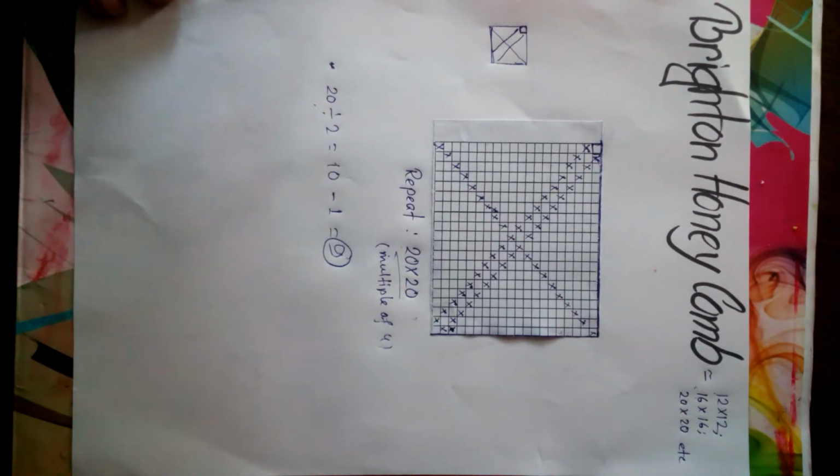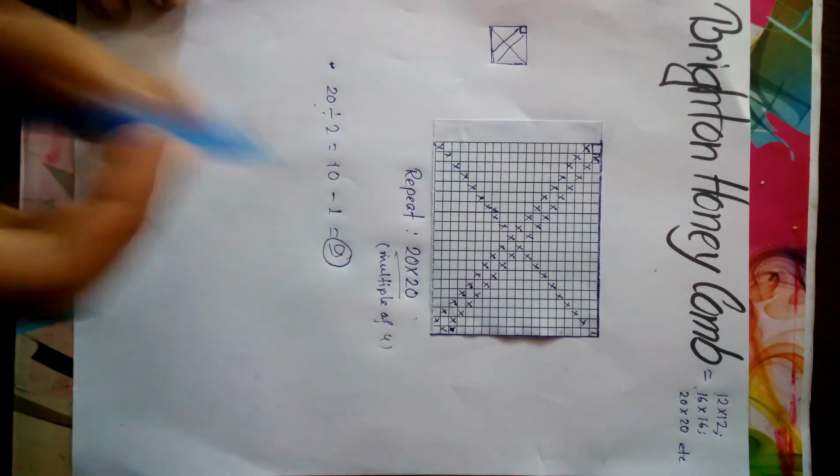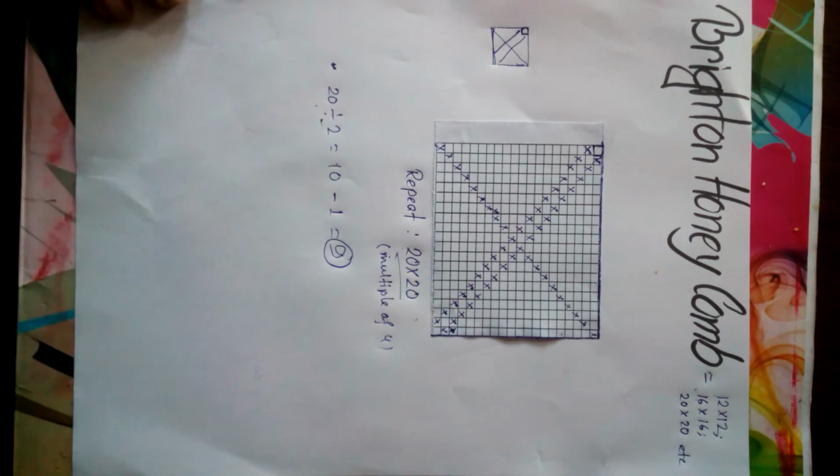Then our task is to divide the repeat. If we take the repeat of 20 into 20, then we divide it by 2. If we take 16 into 16, we also divide it by 2.